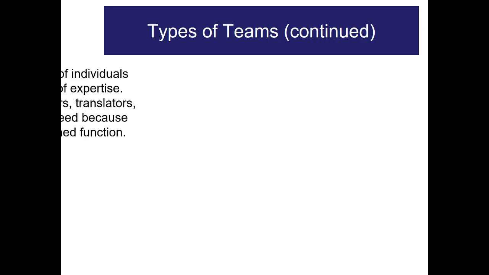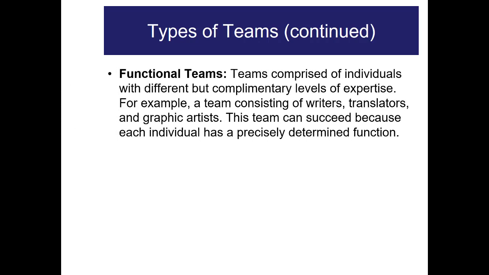Then we have functional teams, composed of individuals with different but complementary levels of expertise. For example, a team consists of writers, translators, and graphics. They succeed one another. They make one another work, function.